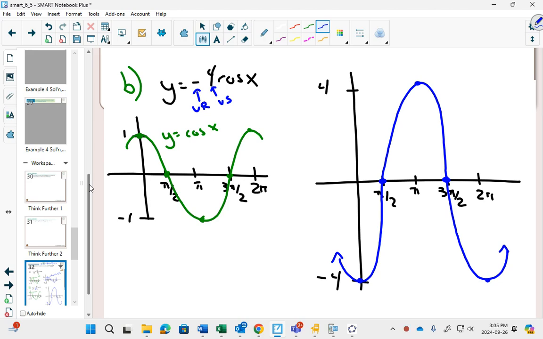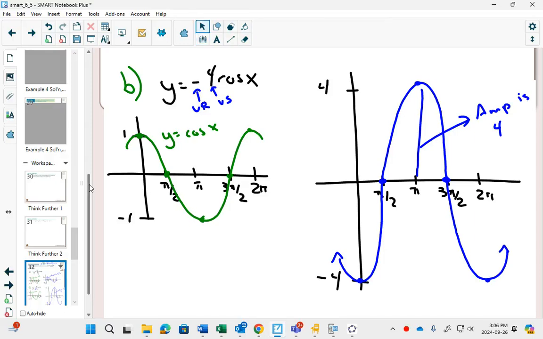Now we would say the amplitude of this is still +4. Even though there's a -4 out in front, the amplitude is the distance from the center line to the maximum. Let's label it right here. So the A value isn't always exactly your amplitude, but the number is your amplitude.